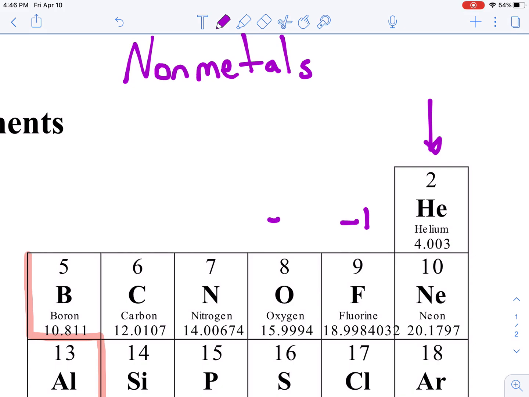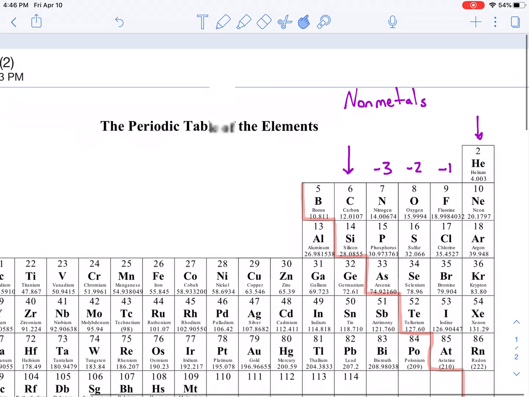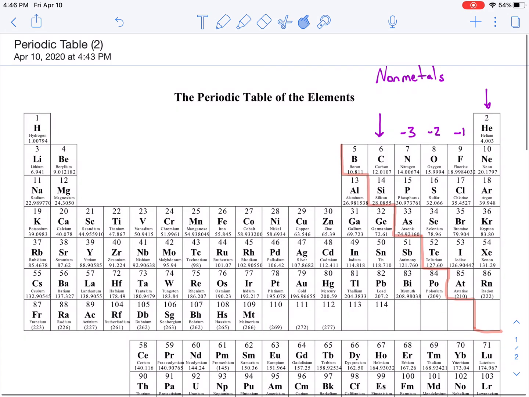If these ones form ions, they'll always be -2. If these ones form ions, -3. We won't really deal with this column either because they can be plus or minus. That's what makes carbon so useful. That's why it's kind of the backbone of all living things in organic chemistry. But for us, we're really worried about those -1s, -2s, and -3s.